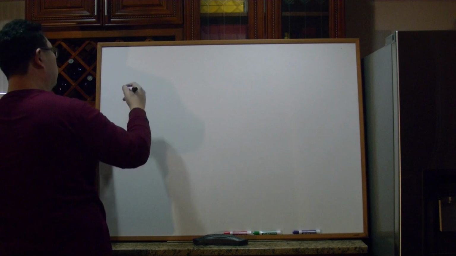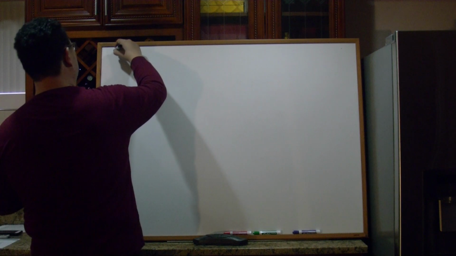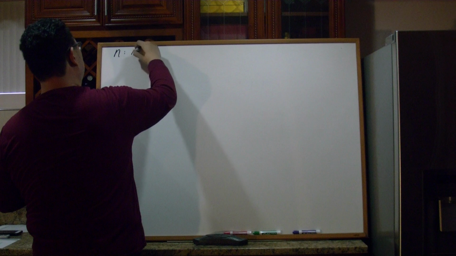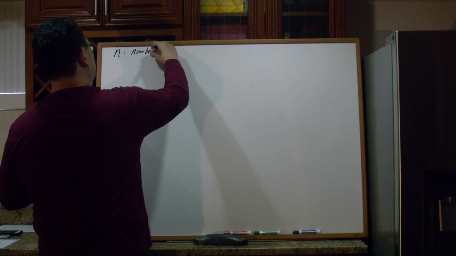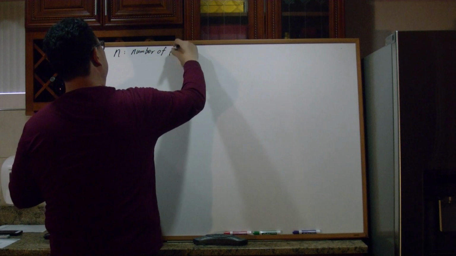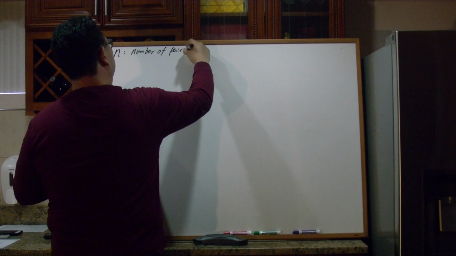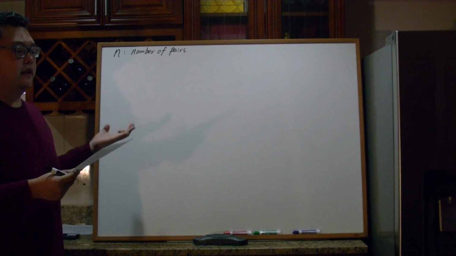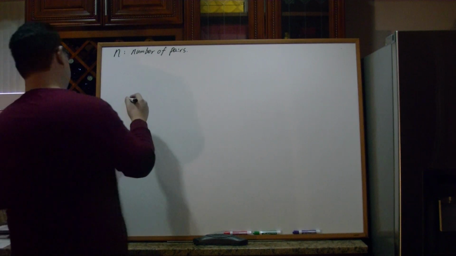So three things to be measured. n is specified as the number of pairs. Since we are dealing with paired data, it's not how many total values we have, we just count how many pairs we have.